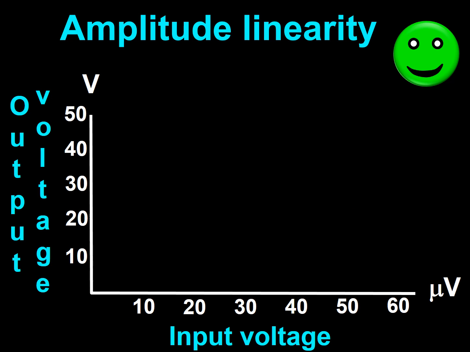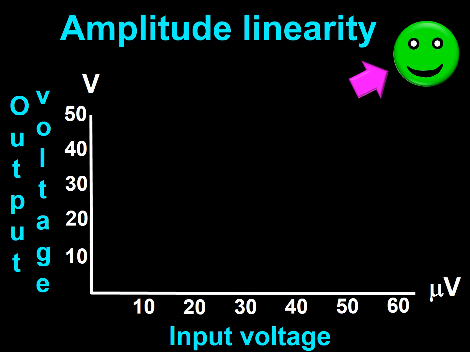I will explain amplitude linearity by working with this figure. In the x-axis, you can see the input voltage. This is given in microvolts. In the y-axis, you can see the output voltage. This is given in volts.